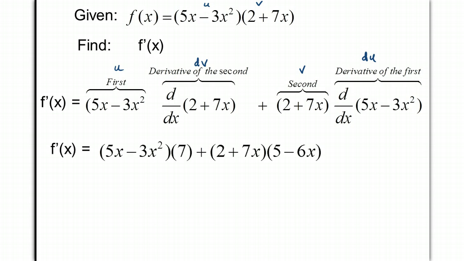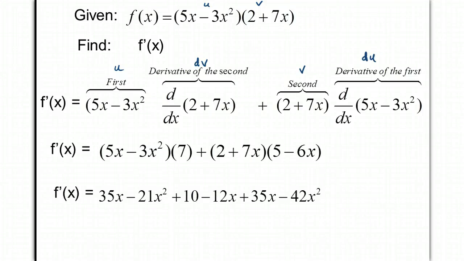There I took the derivative of the second in each piece and the derivative of the first. If I multiply it together, I get this and collect like terms. You get this.